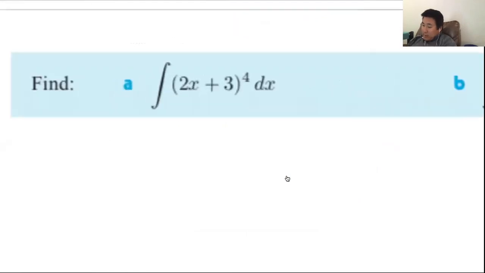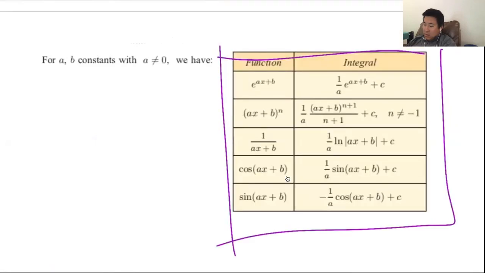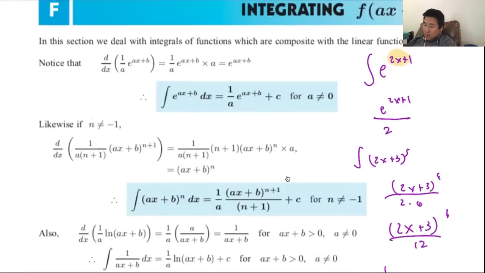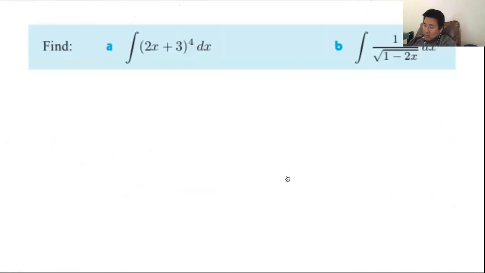So, the integral of this is 2x plus 3 power rule, add 1 over 5 times, and then the derivative of the inside is 2. So you end up getting 2x plus 3 to the 5th power all over 10 plus c.